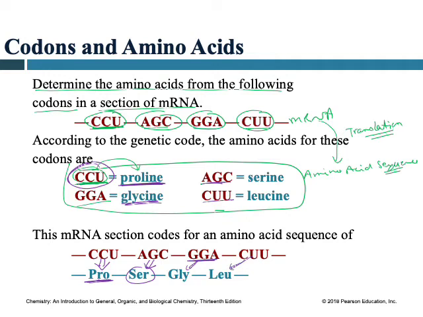So by looking at the triplets of the base sequence, we can easily see the sequence of the amino acids. If you have this mRNA sequence that comes from the DNA, then we can easily see the sequence of the amino acids.